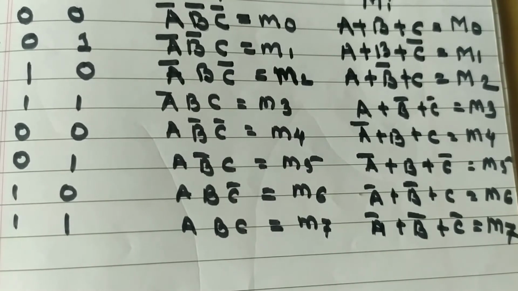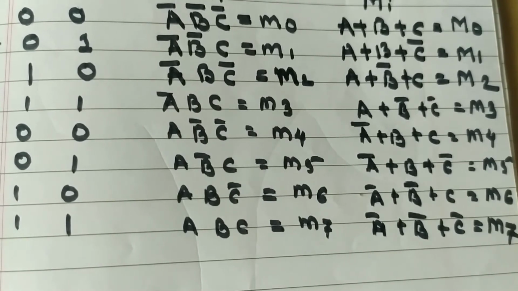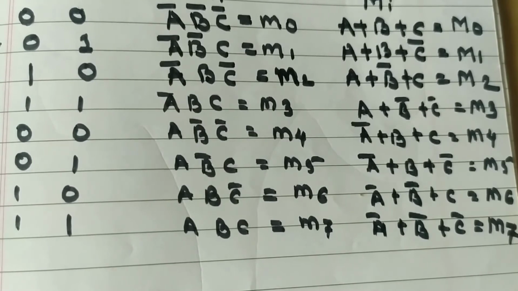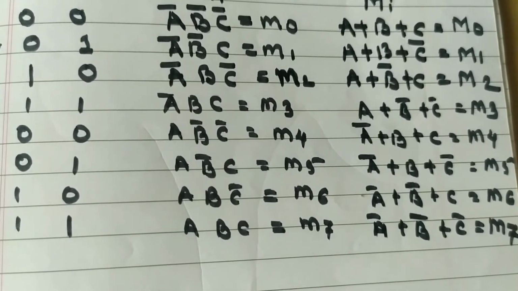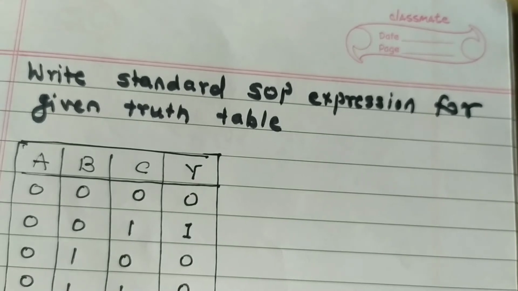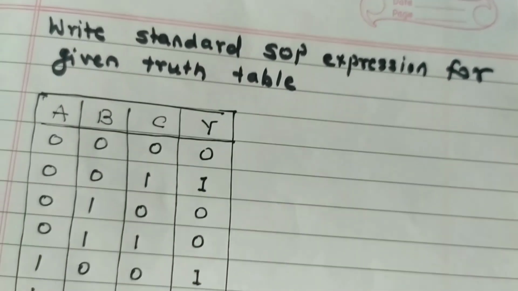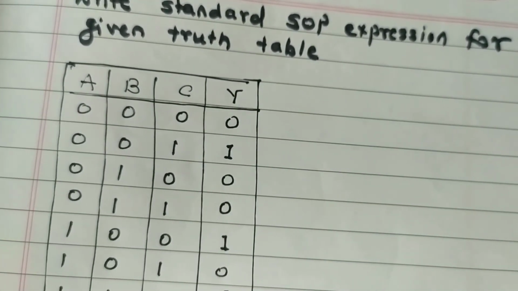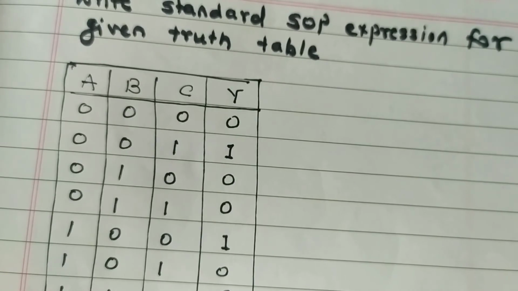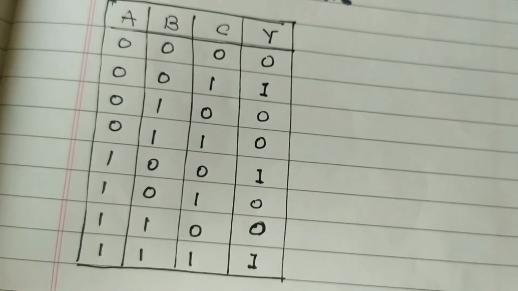Now we will learn how to write the standard SOP expression for a given truth table. Consider the example for the truth table given here. Write the standard SOP expression for this table.